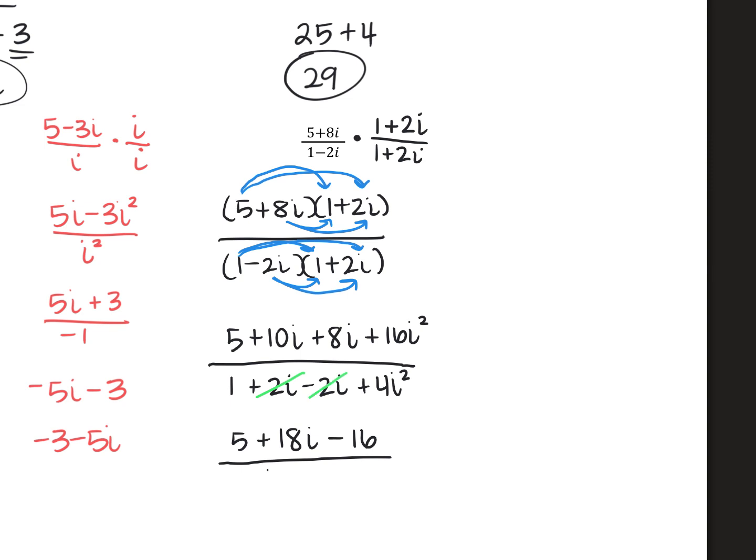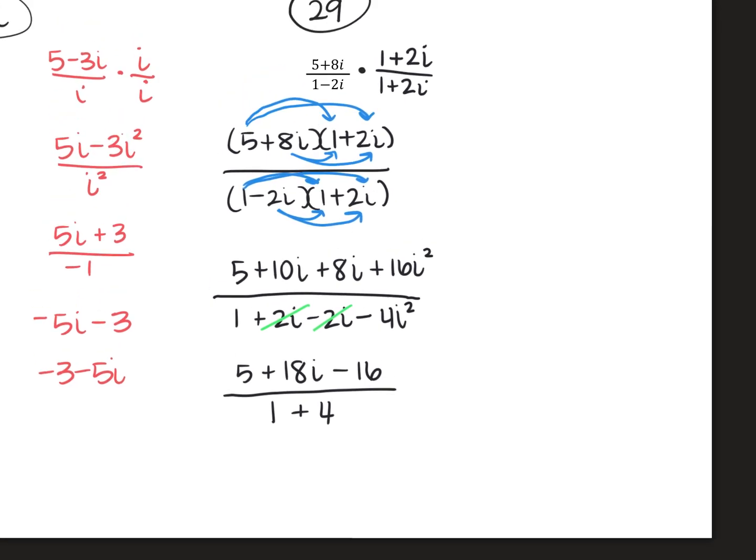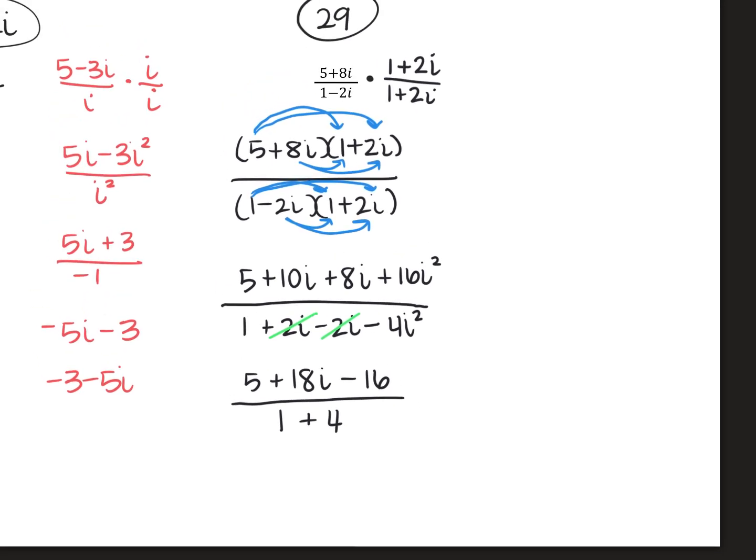So now I have 1, and my positive, oops, that should be a negative. This should say minus 4i squared. The minus 4i squared is going to become a plus 4. When I finish combining like terms in my numerator, 5 minus 16 is going to give me negative 11 plus 18i all over 5.